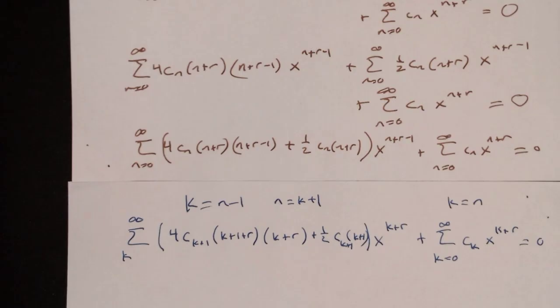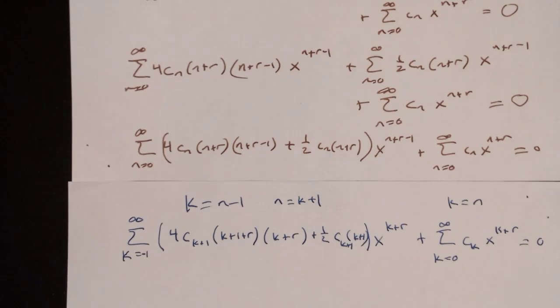It starts at -1 because k is n minus 1 and n started at 0, so k has to start at -1. Aw, crap. The sum on the left starts at -1. The sum on the right starts at 0. I want them to start at the same place. What can I do?